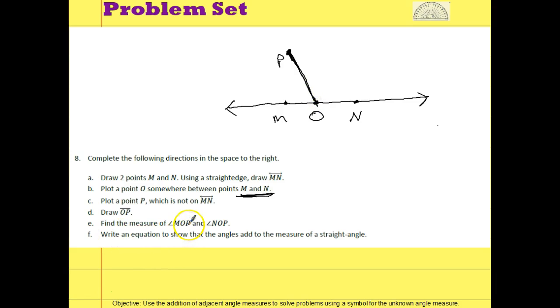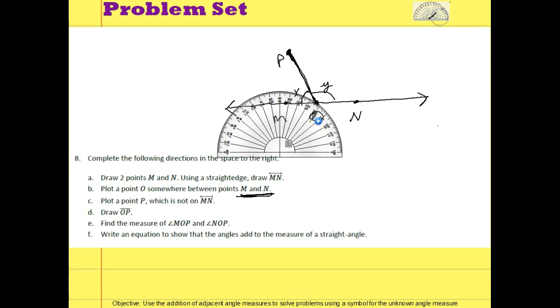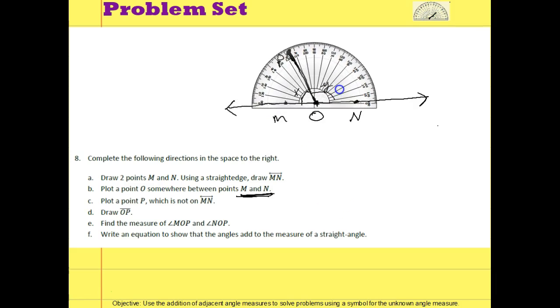Find the measure of MOP, that's this, and NOP, which is this. Write an equation that shows the angles add to the measure of a straight angle. So we have this straight angle. So let's just call this x and this one, excuse me, y. Okay, so now we have to use our protractor for this. So I'm going to line it up, try to be as careful as possible, get everything lined up right.